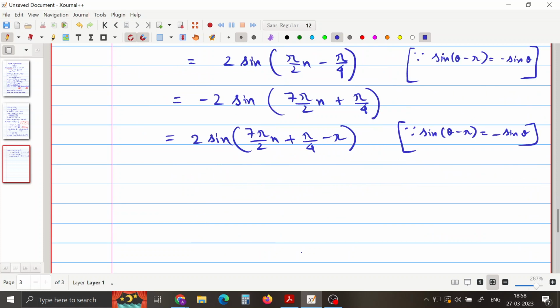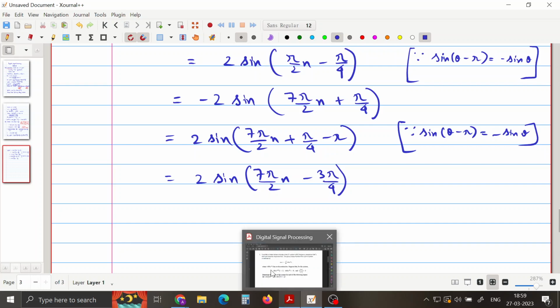So what you get is 2 sine of 7 pi by 2 n minus 3 pi by 4. Now this is exactly of the form of the input.